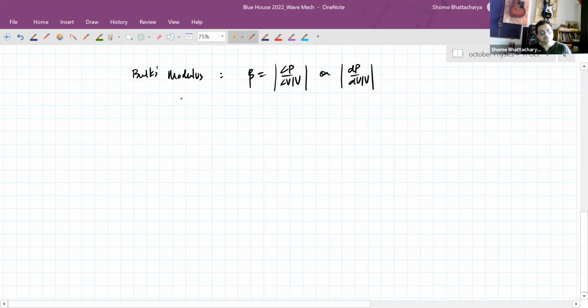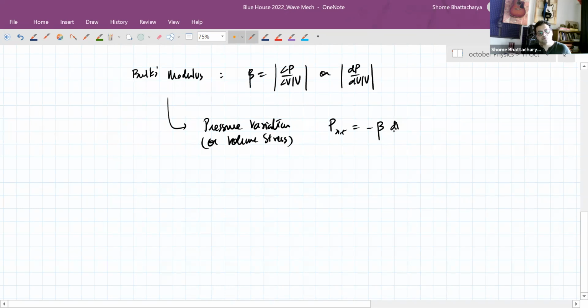We saw that the pressure variation, or volume stress, at a particular point, which we can write as P as a function of x and t, becomes minus beta into dV by V, which is the volume strain. So volume stress is Bulk's modulus into volume strain.